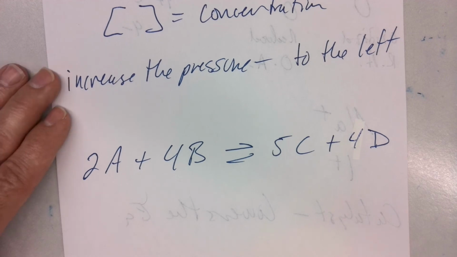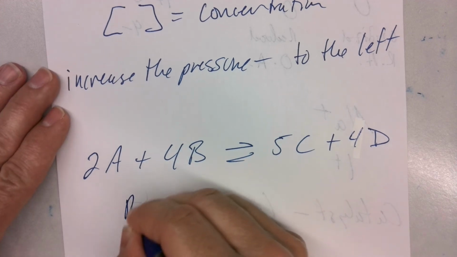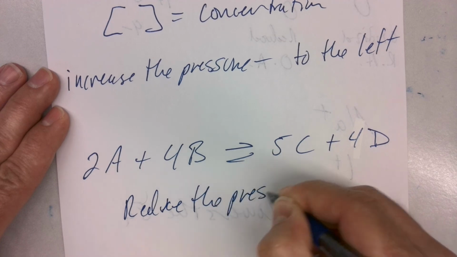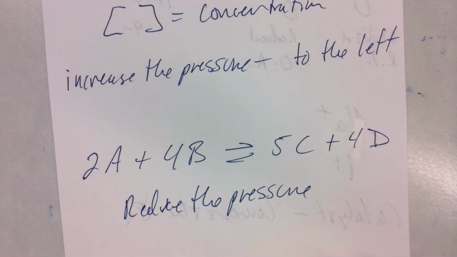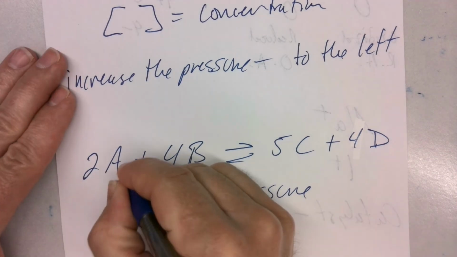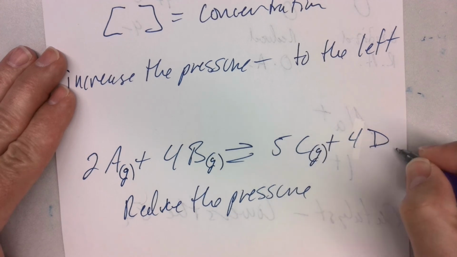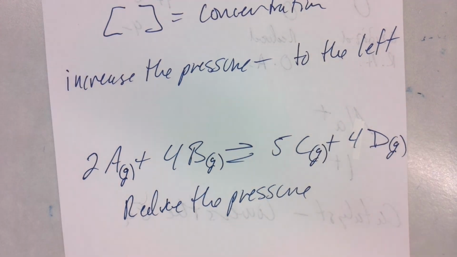And let's say I reduce the pressure. By reducing the pressure, it's going to give my things more what? Space. More space. Which way would this one go? Let's say they're all gases. I got all 4 gases in here. Now which way is it going to go?